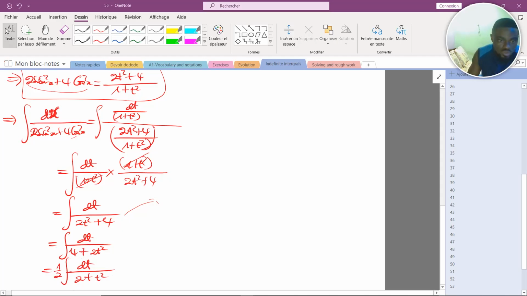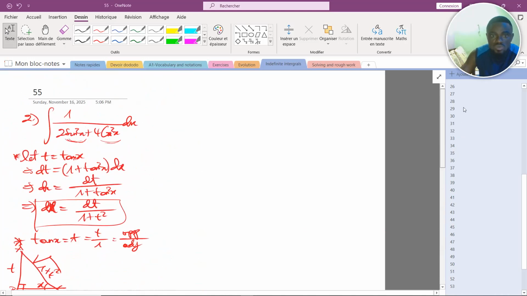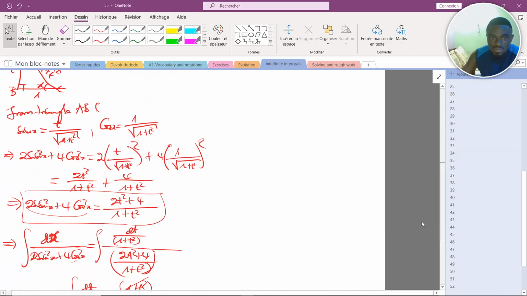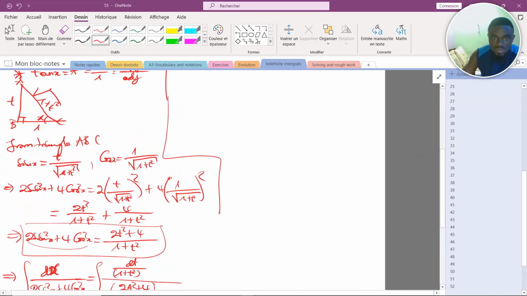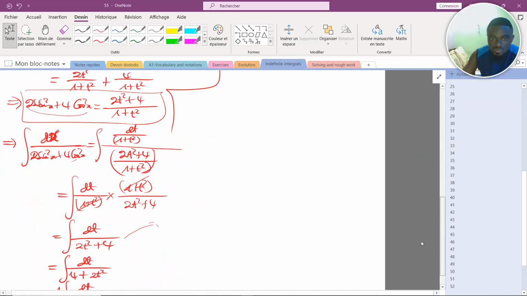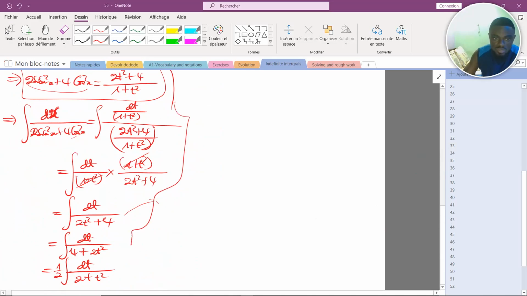Now, what we are supposed to do is, first of all, make this equal to 1. So, a half integral of dt on 2 plus t squared. Let me first draw a line like this, for me to really exploit the space.